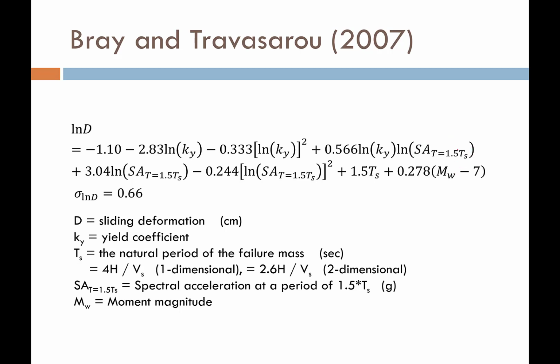So T sub S, that's the natural period of your failing slope. And they provided recommendations of how to estimate that.